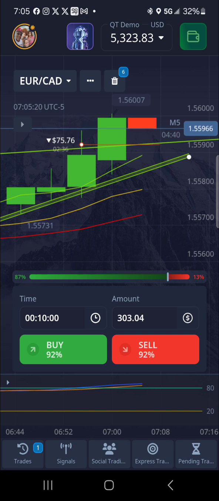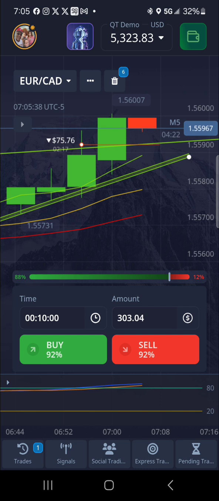So this candle here determines what's going to happen. At the finish of this candle, we could put in a 5-minute trade, depending on what this one does.